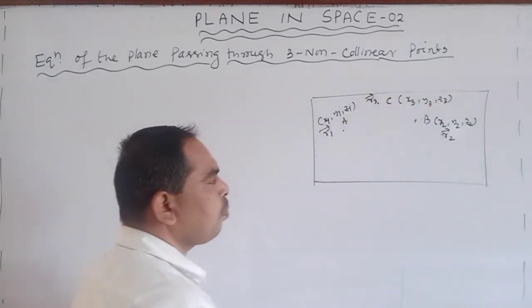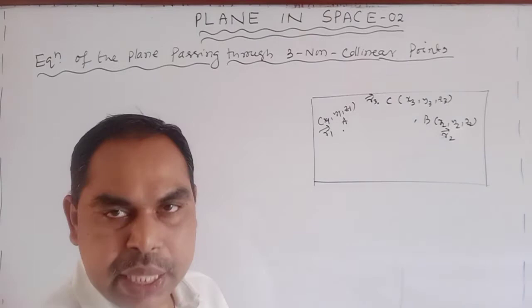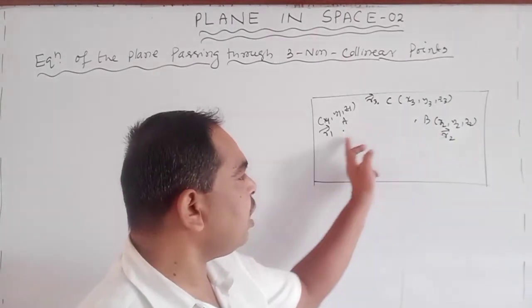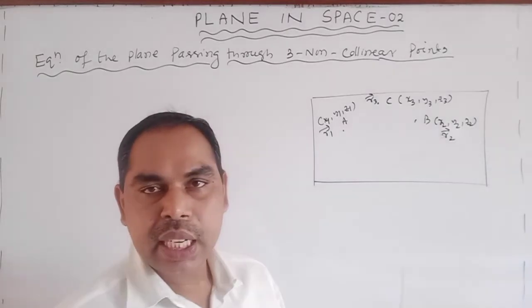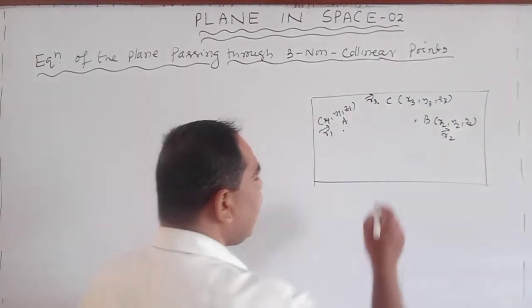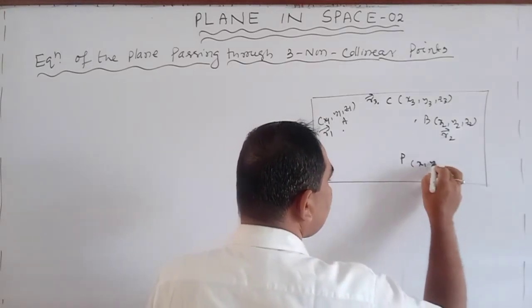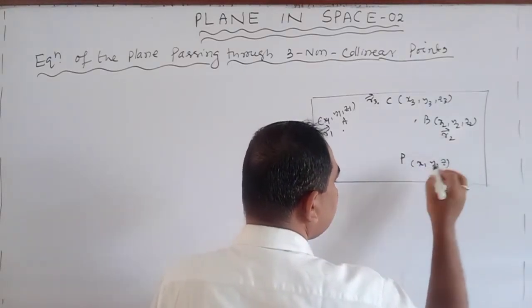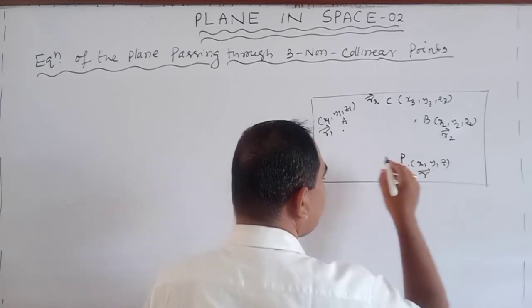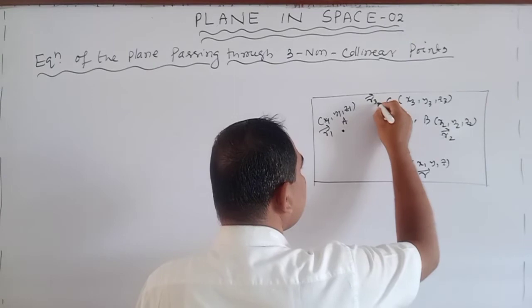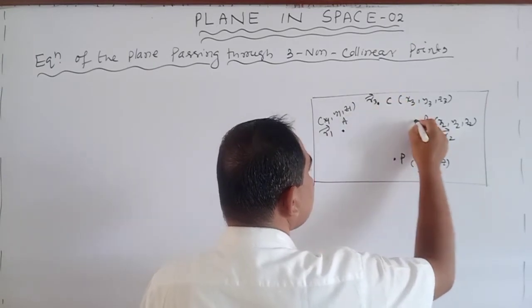Let P be any point on the plane. A, B, C are fixed points, where P is any point on the plane having coordinates x, y, z. Position vector is r vector.